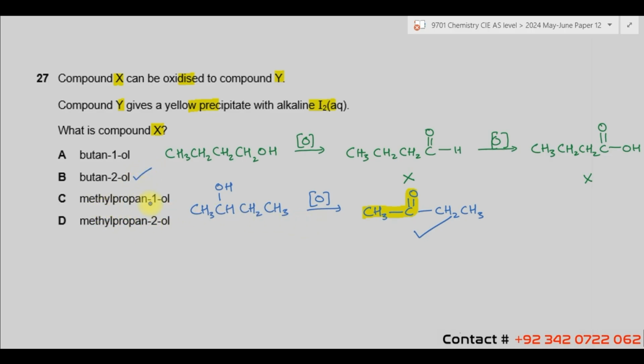Third part is methyl propane 1-ol. So propane means there are 3 carbon atoms. 1-ol means OH is on first carbon. Methyl propane 1-ol means methyl is not part of long chain, so it must be on second carbon. Rest are the hydrogens.